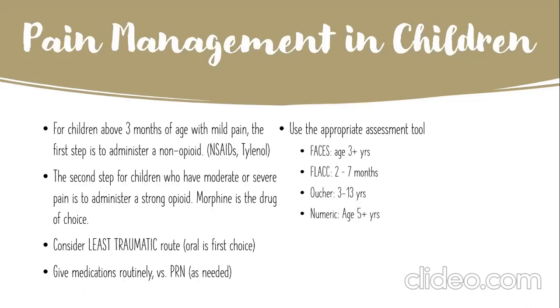For a child of any age, you're not going to jump to morphine usually. However, if they're having moderate or severe pain, for example in sickle cell crisis, you may see a 2-year-old in sickle cell crisis getting morphine.